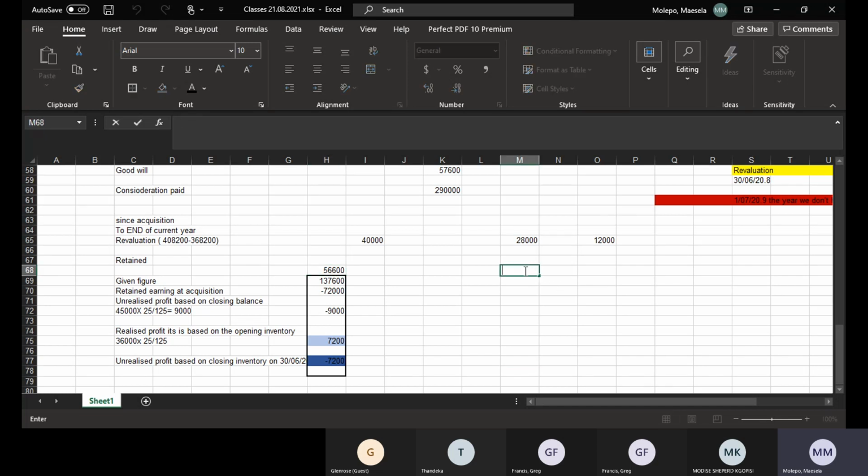So this is the retained earnings at the end of the year, and whatever percentage we calculate here will affect the retained earnings in the statement of changes in equity. It will be the one of the parent, the 213 plus whatever percentage we calculate here.